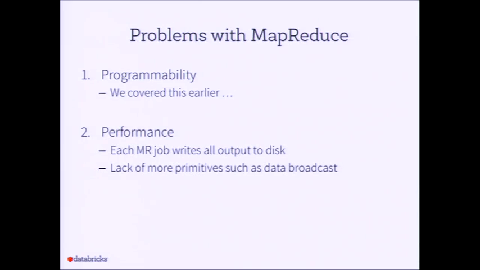There's another problem with MapReduce that people are starting to realize when they're using it more and more. The first is programmability, or ease of use. So it's somewhat mitigated by the higher level framework, so now it's easier to write. The second part is performance. The problem is essentially each MapReduce job is reading all the input from HDFS or disk. And after the map and reduce step, you write all of it out to disk again.